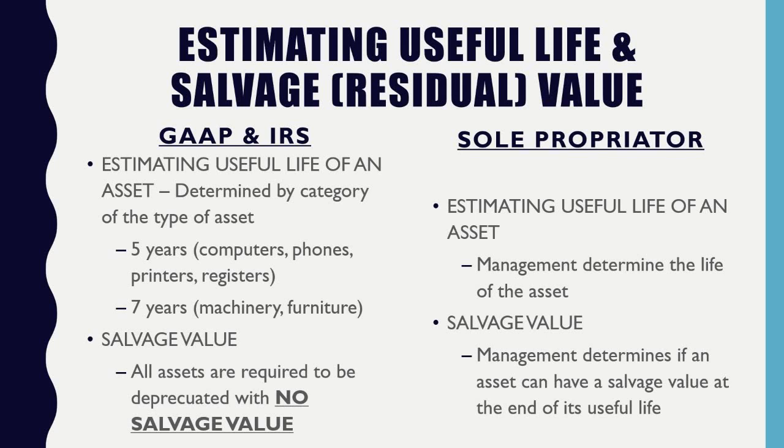Now, can the sole proprietor be lazy and just go with whatever GAAP says? Absolutely. They can use the already predetermined number so they don't have to do the research. Sole proprietors can follow whatever GAAP and the IRS say it should be. However, corporations, anything that's a big business, cannot do what a sole proprietor can do. Only sole proprietors have these leniencies.